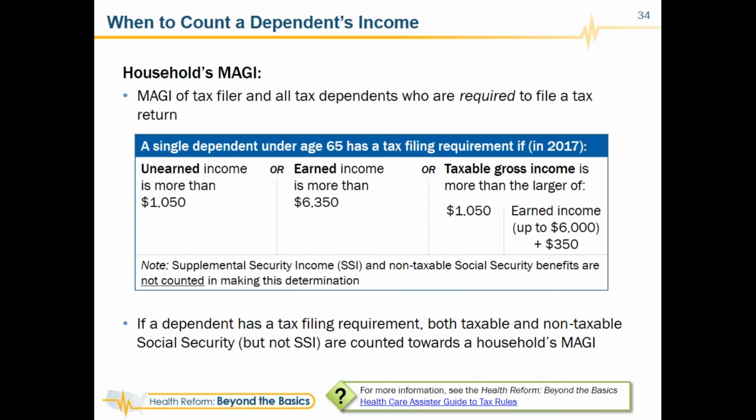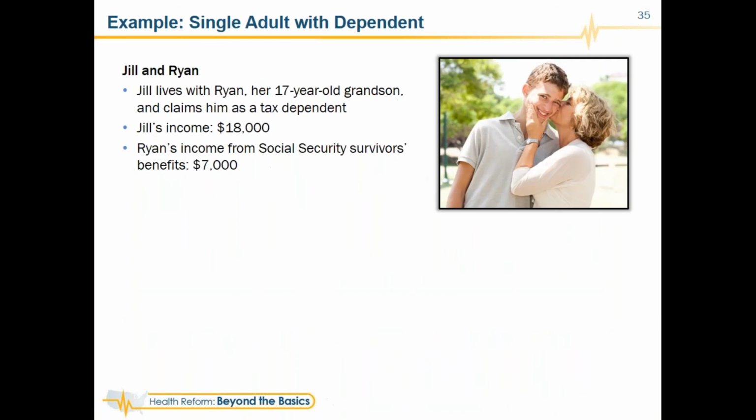If a dependent has a tax filing requirement, both taxable and non-taxable Social Security are counted toward a household's MAGI. So even though under the tax rules sometimes it'll be taxable, sometimes it won't, if the dependent has a tax filing requirement, you don't need to worry about whether the Social Security is ultimately going to be taxable, because it's all going to be included toward the MAGI.